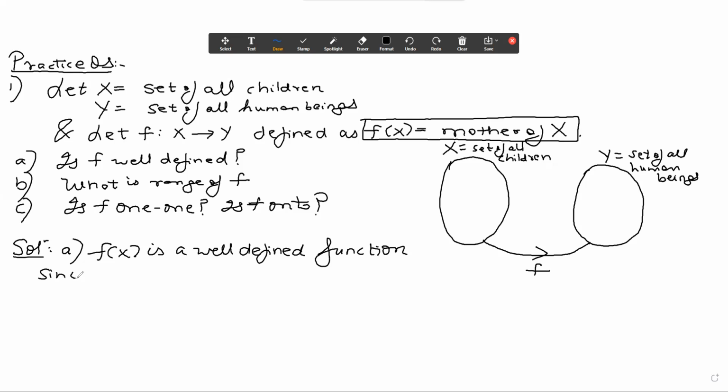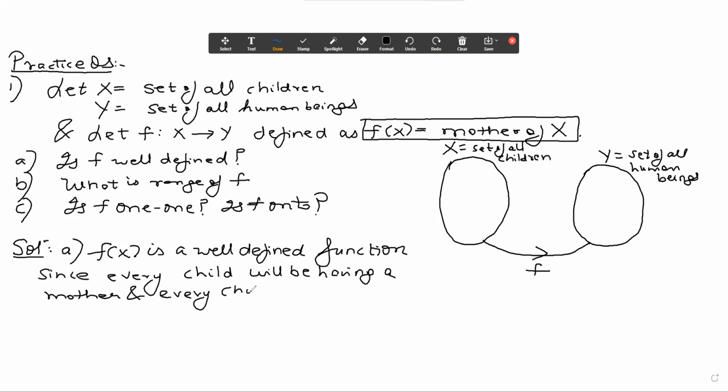Why? Since every child will be having a mother, and every child will be having exactly one mother.